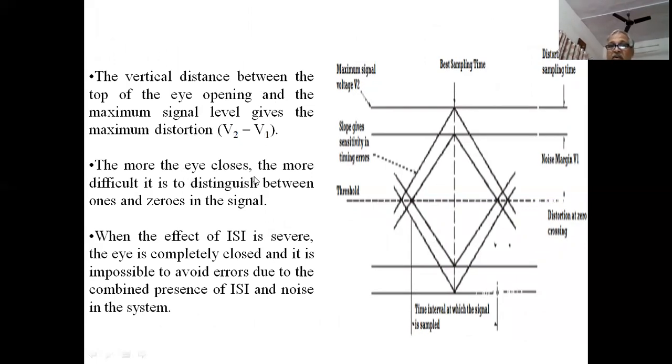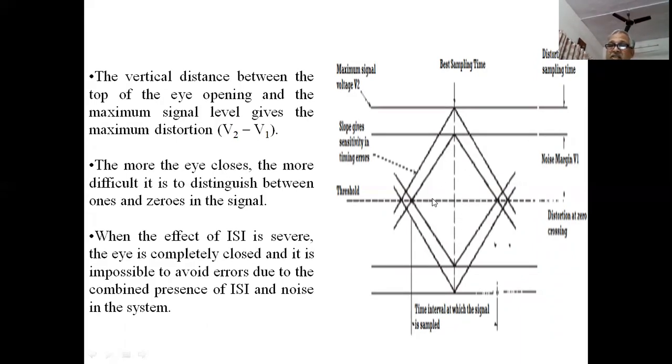The more the eye closes, the more difficult it is to distinguish between the ones and zeros in the signal. If there is a smaller area of eye opening, then it is difficult to distinguish between the values of zeros and ones. When the effect of intersymbol interference is severe, the eye is completely closed.